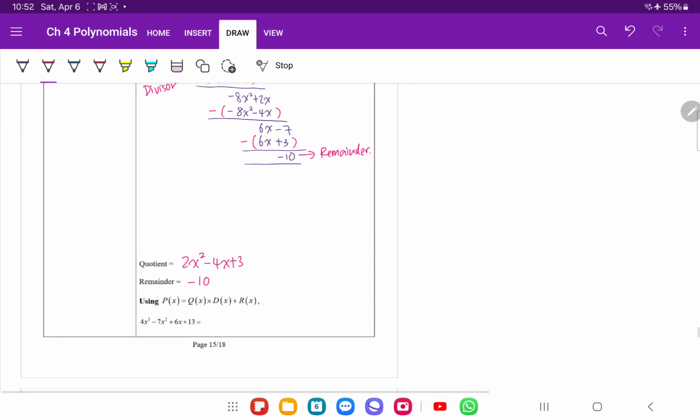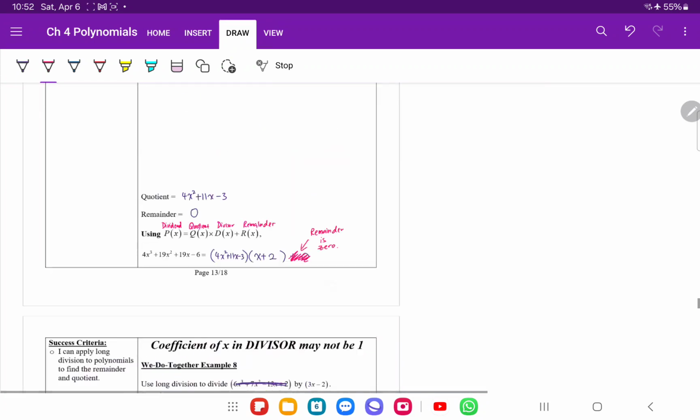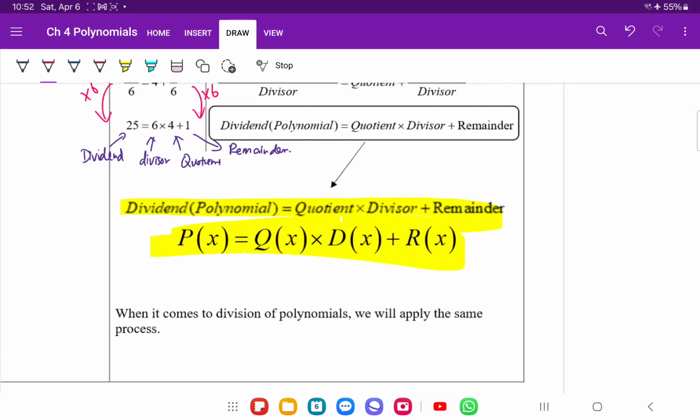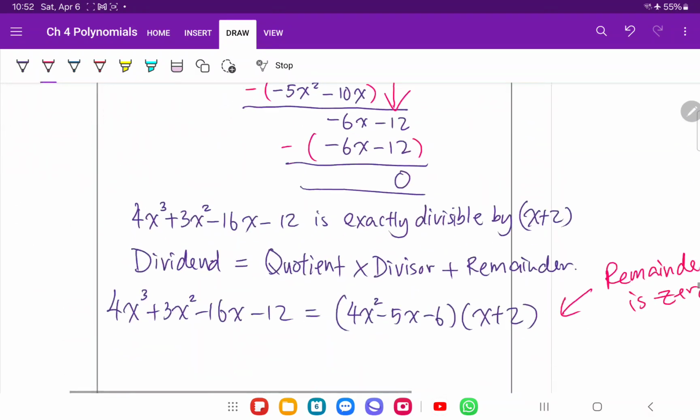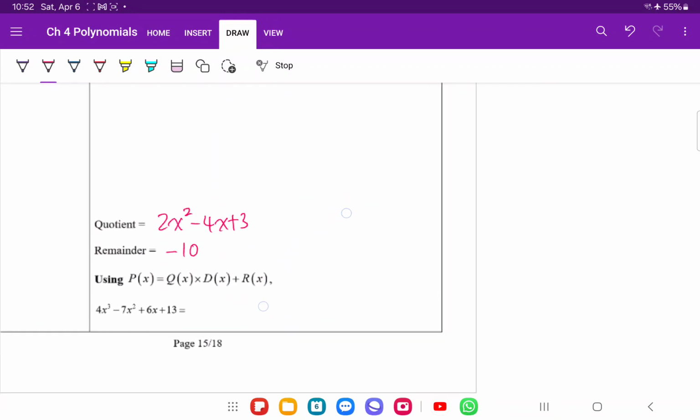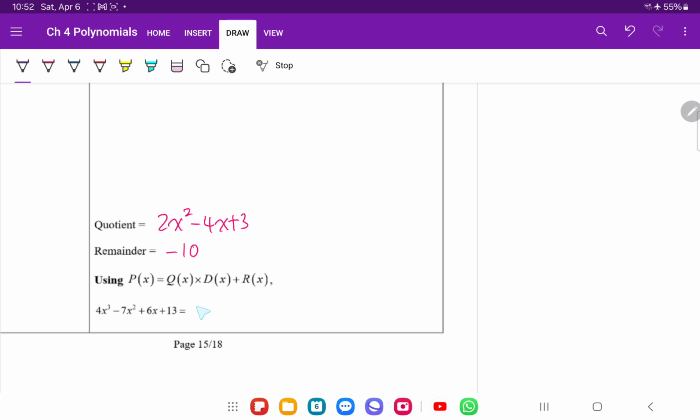And then, the last part at the bottom, we are basically using this concept in yellow that we established previously. The dividend is equal to the quotient times divisor, then you plus remainder. Alright, so let's write it down. The dividend is equal to the quotient, use brackets, times the divisor plus remainder.